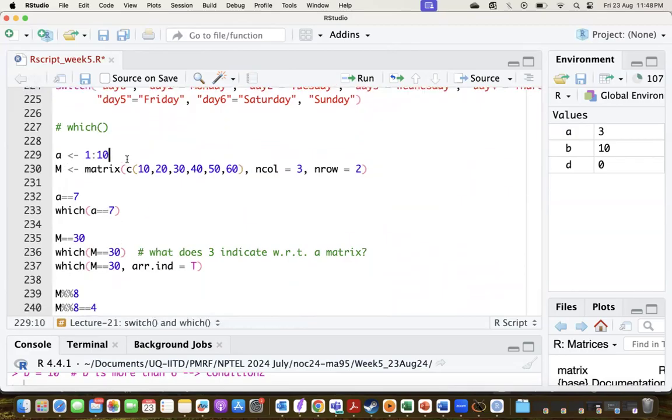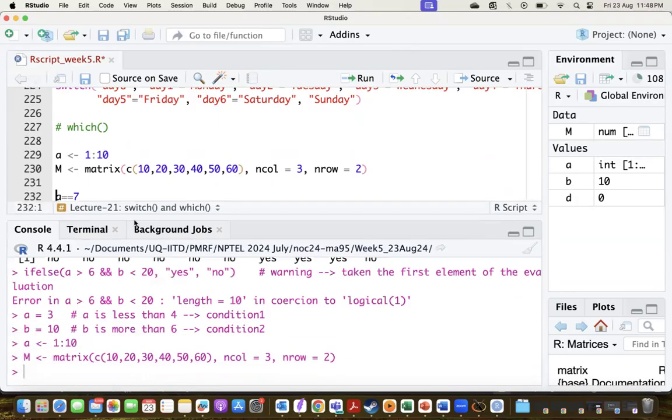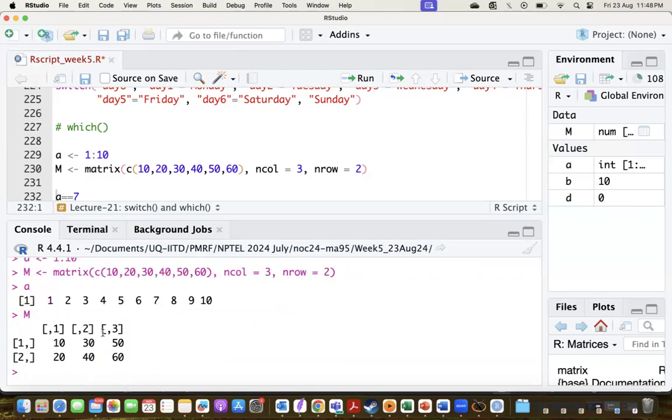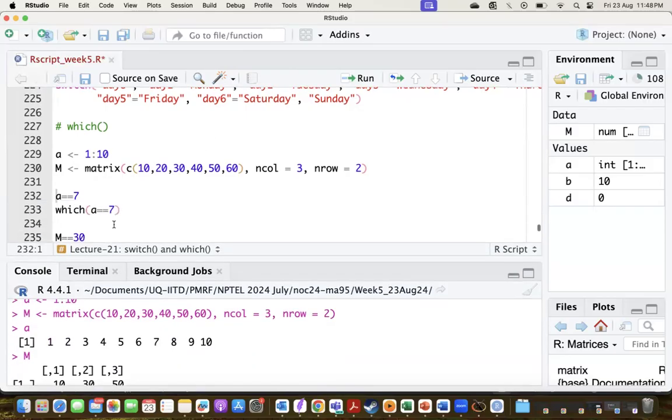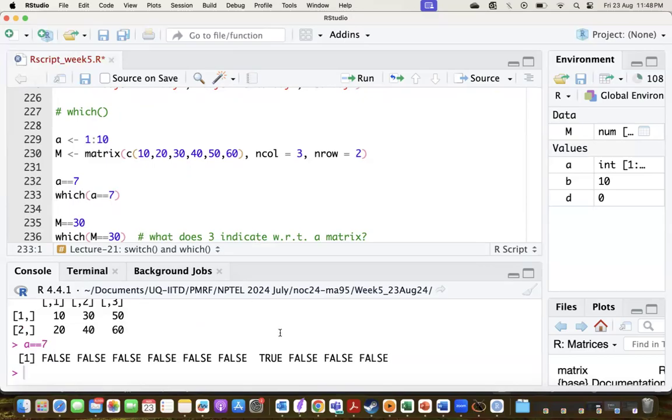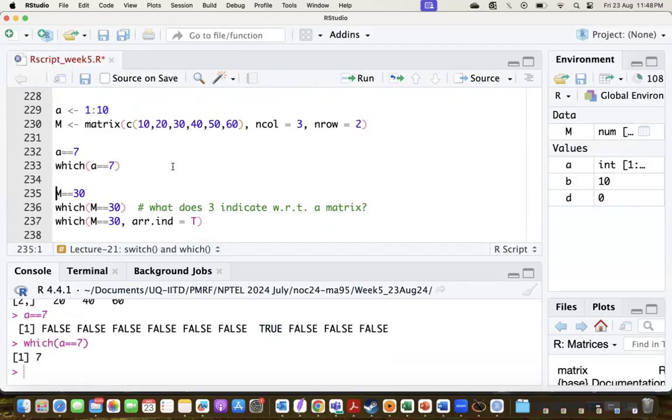Okay, so again, we'll take two examples, one of a vector and one of a matrix. So the vector is your vector A, which is 1 to 10. And your matrix is this matrix M, which is a 2 by 3 matrix. So if I say A is equal to 7, I get the 7th position as true. So if I write which, I get 7 as the output.